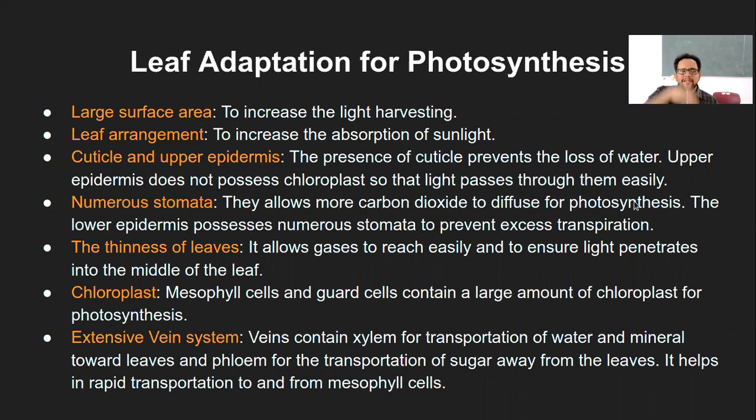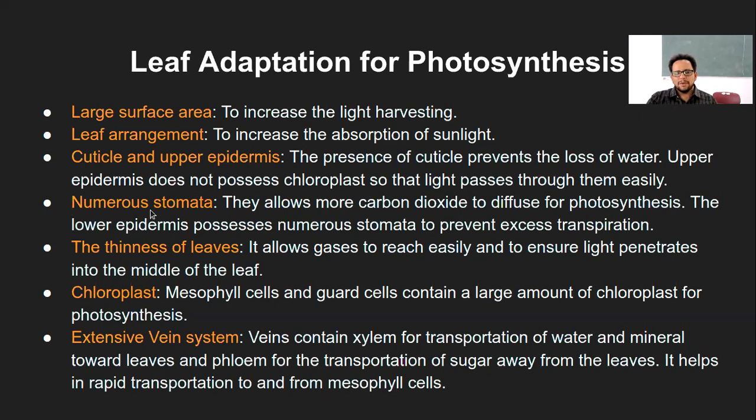If the epidermis itself had chloroplasts, all the light would get absorbed by the chlorophyll pigment there itself, and it may not be able to pass through the different layers of the leaf. So the cuticle does not have chloroplasts as such.